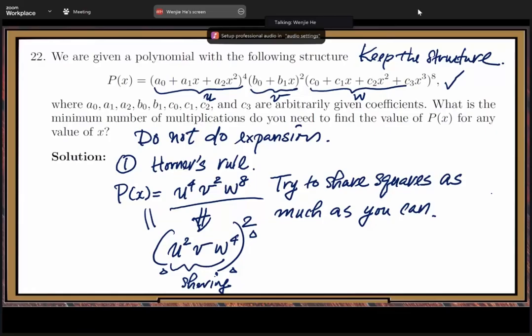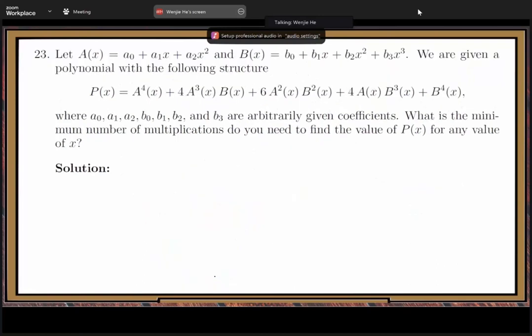The more you share the squares, the more multiplications you can reduce. That's the idea. All right. Next question. This question has another special structure. You need to use Pascal's triangle.